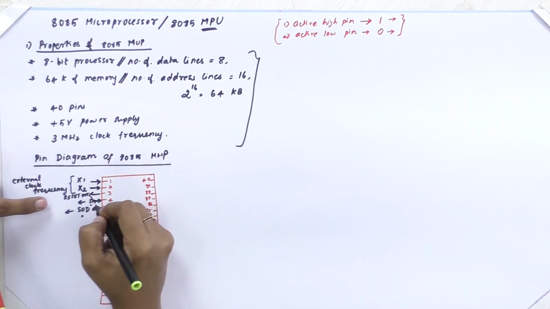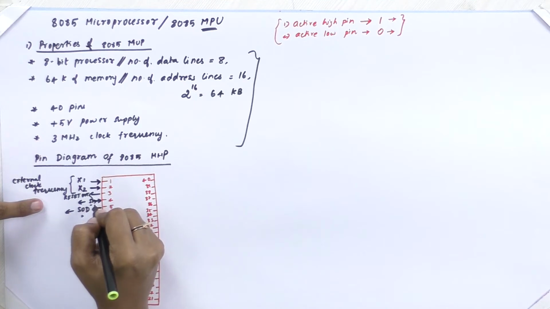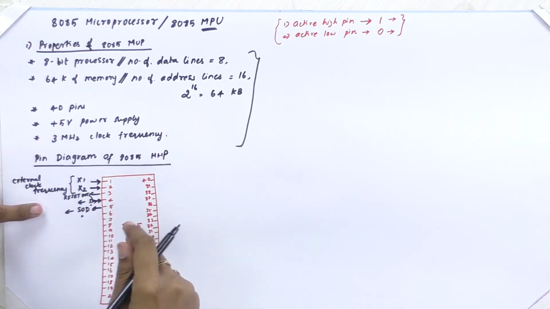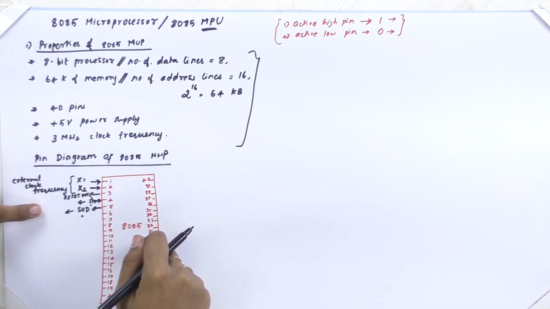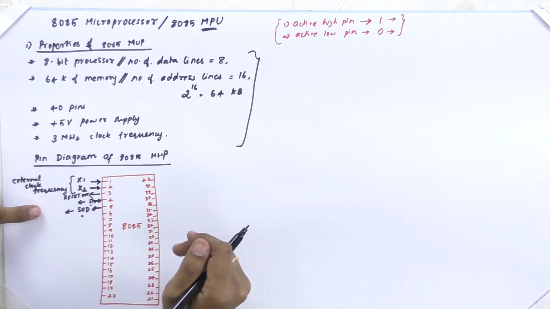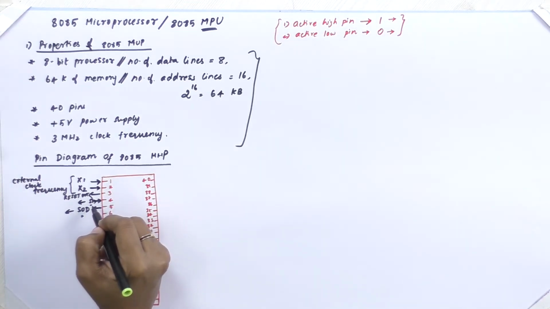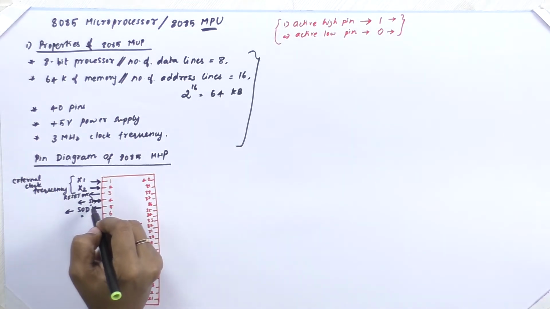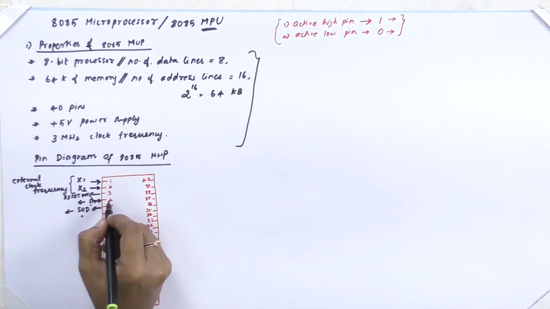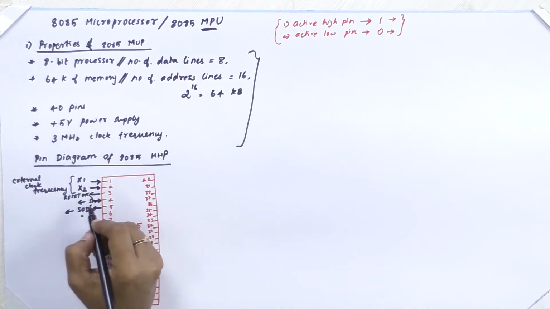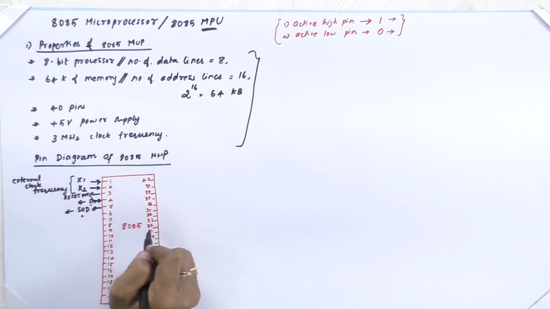The function of the SID pin is to receive serial data from the externally connected peripheral devices and send it to the 8085 microprocessor.